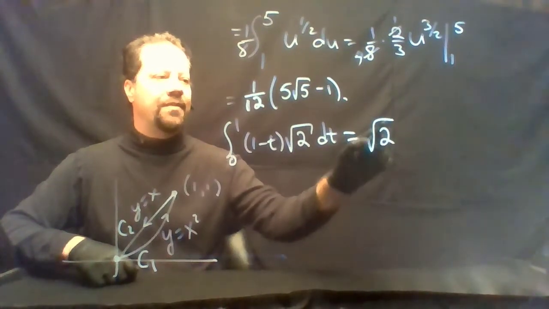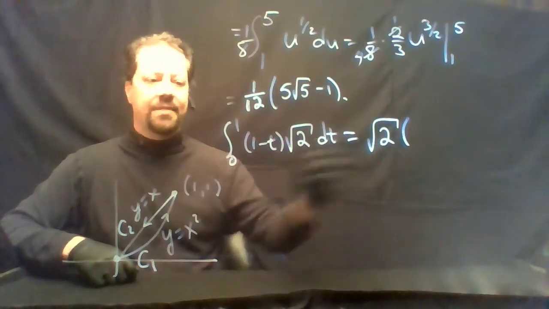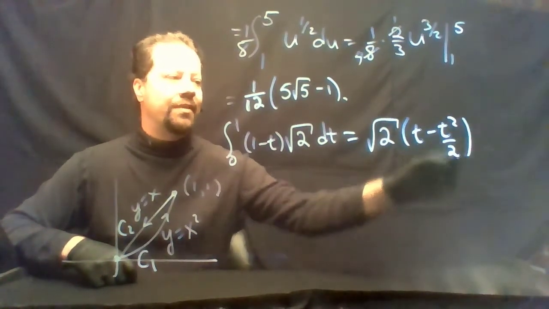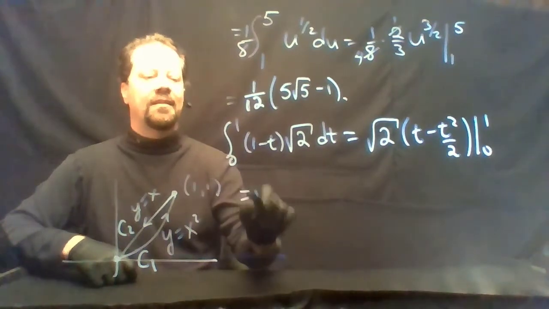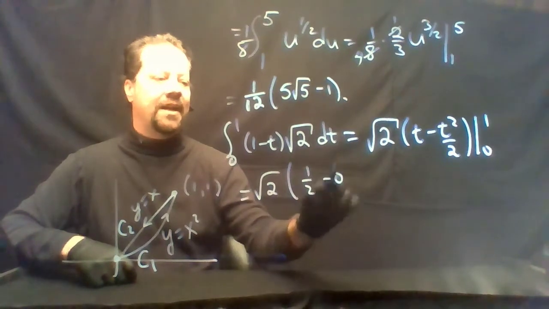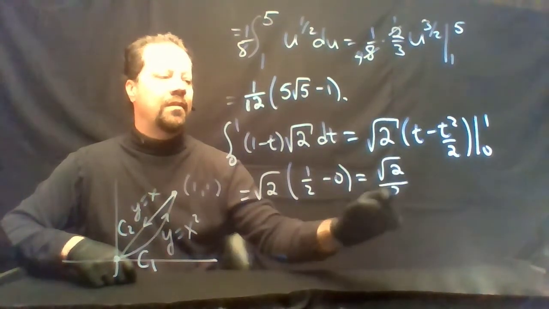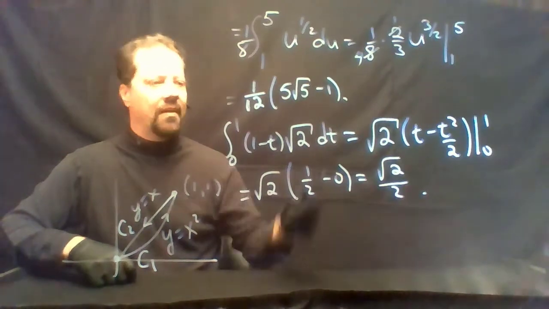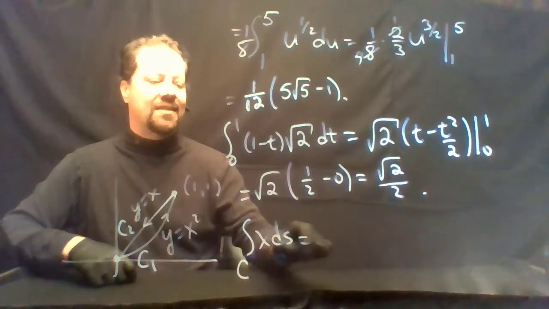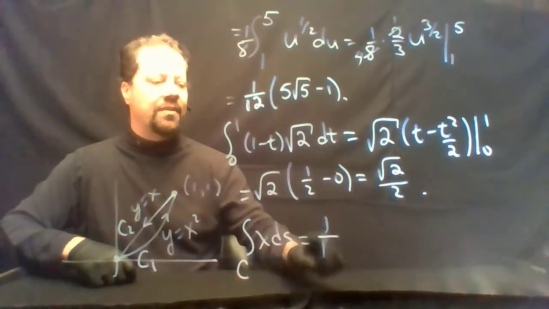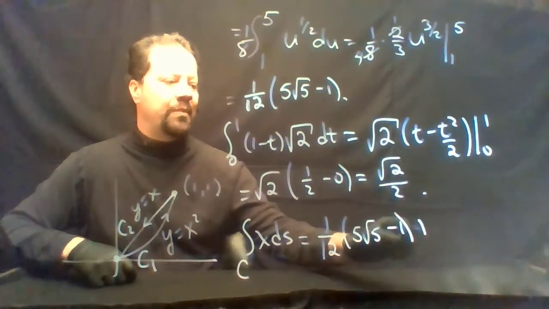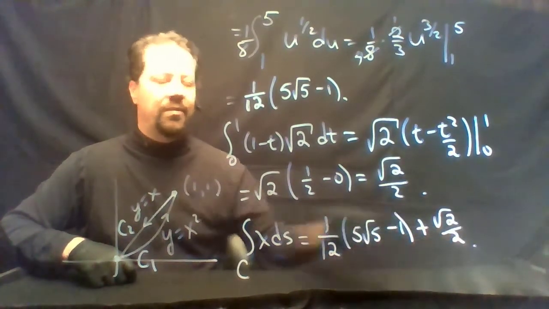We have then the square root of 2 times t minus t squared over 2 evaluated from 0 to 1, which is root 2 times 1 minus a half, which is a half, and then subtract 0. We get root 2 over 2. The total then, the integral along the whole curve, integral of x ds, is the sum of these two results, 1/12 times 5√5 minus 1 plus root 2 over 2.